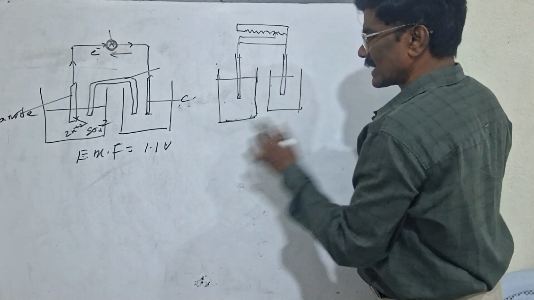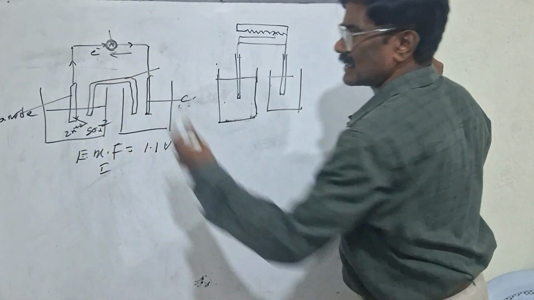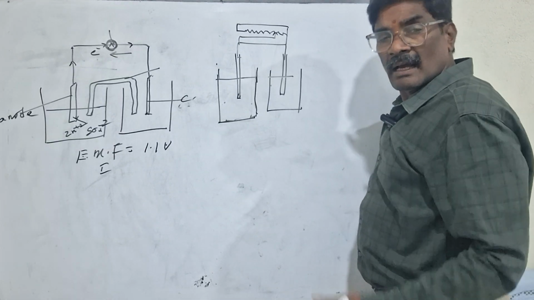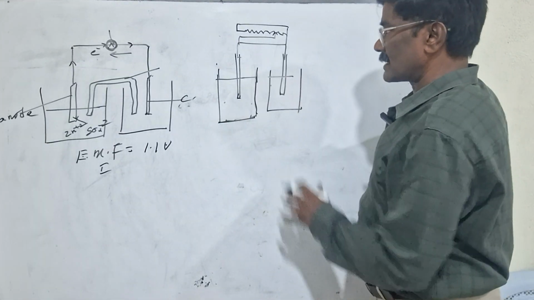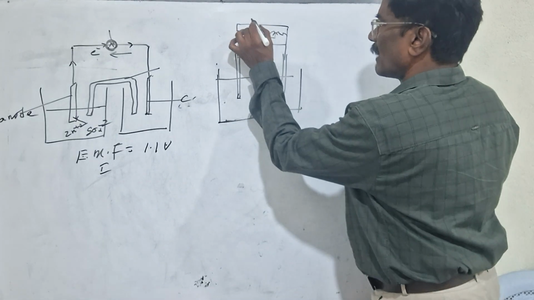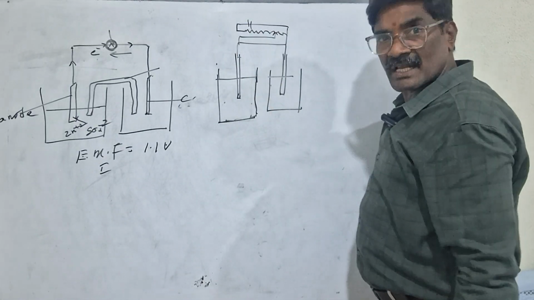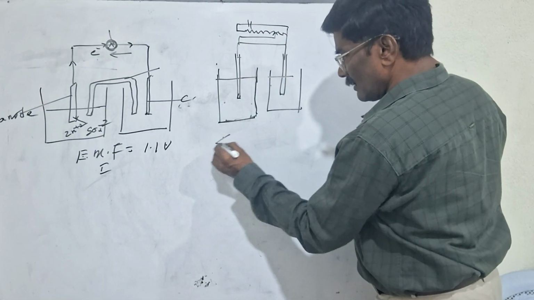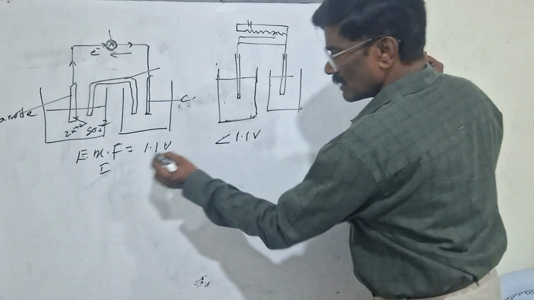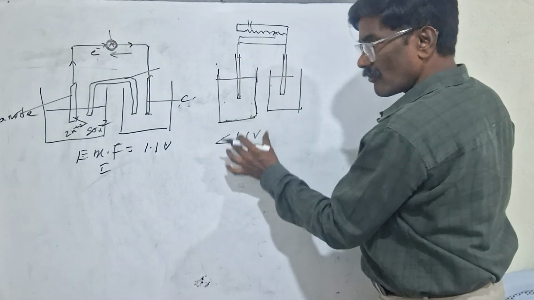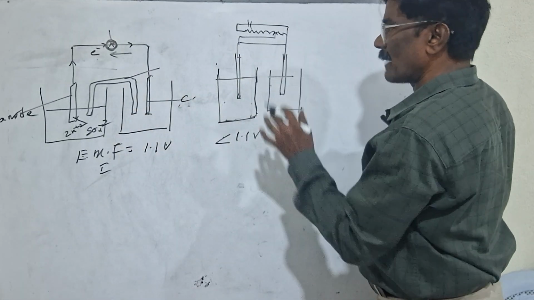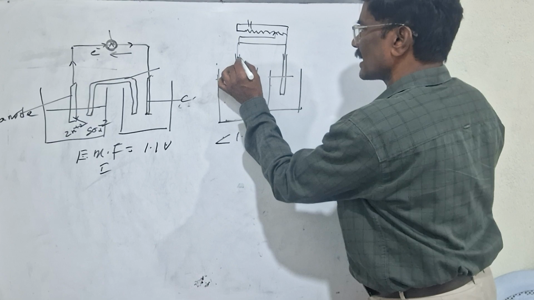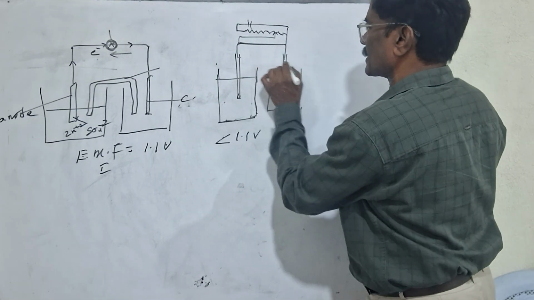In this second condition, the first diagram is just an electrochemical cell to produce current. But in this, we have applied some external potential, less than the 1.1 volts of the cell. Then what happens? Current flows in the same direction, and electrons also in the same direction.